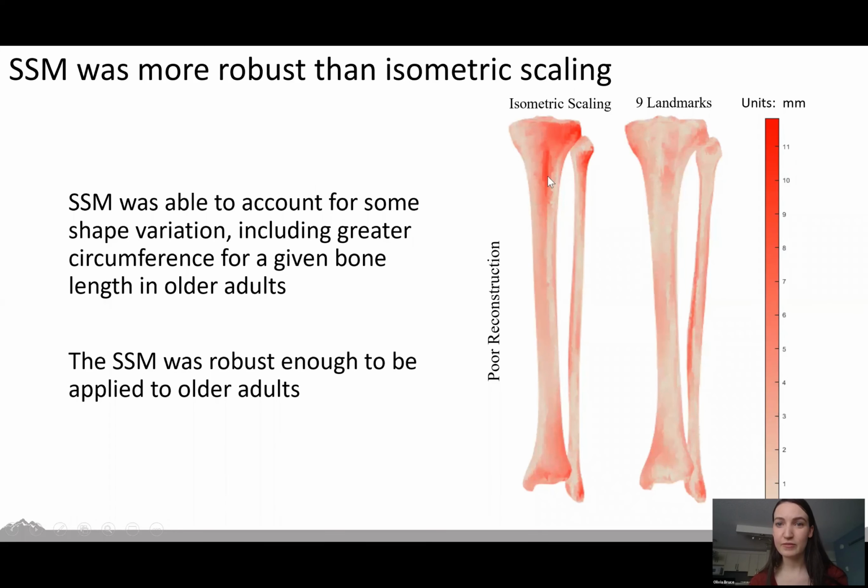We can see the very dark red on the heat map showing larger errors, especially at the proximal and somewhat in the distal ends of the tibia. When the shape model was used, it was able to account for that and provide a better estimation of bone shape. This gives me some confidence that the shape model that I developed was robust enough to be applied to other populations.